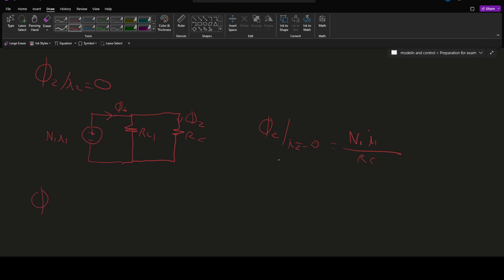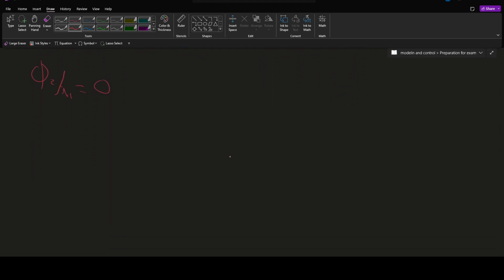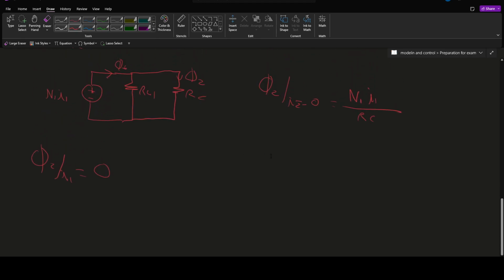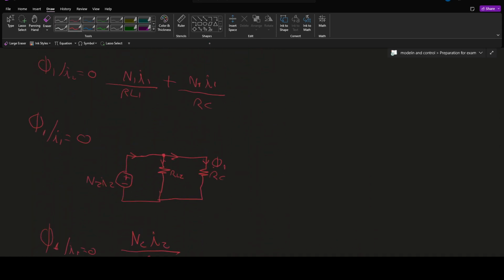Now we do the same: phi 2 when I1 is equal to 0. And we have a similar story as before. Now this will change something like this, and we now care about this one, phi 2.